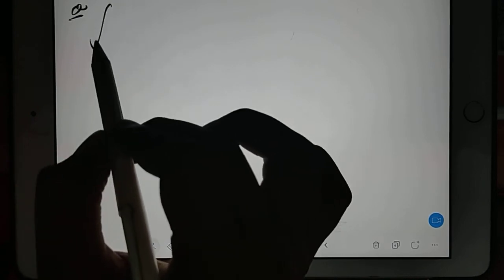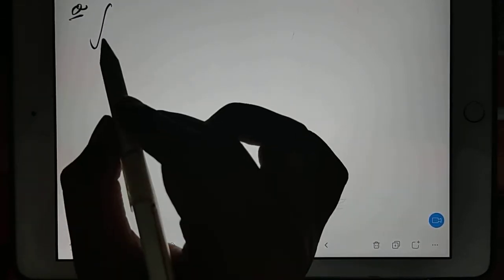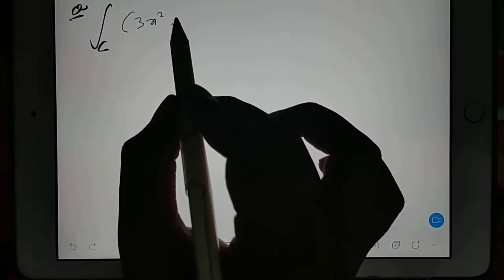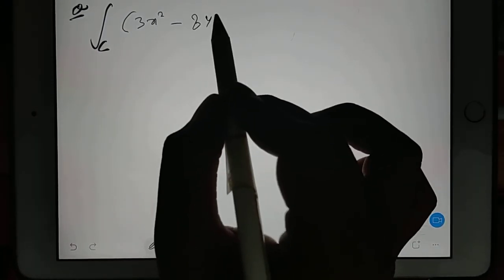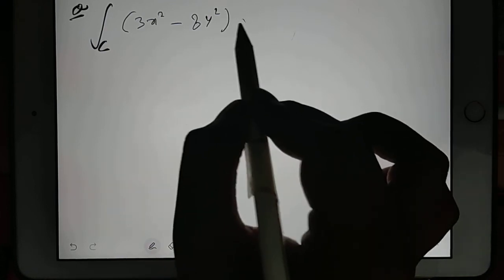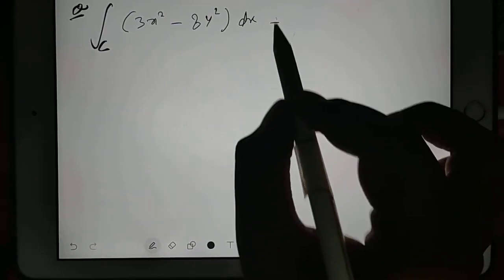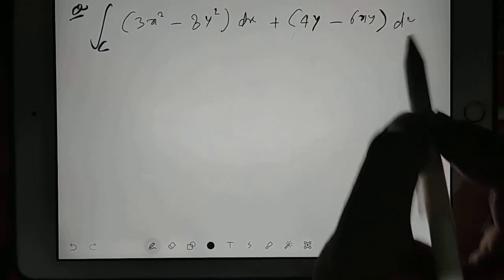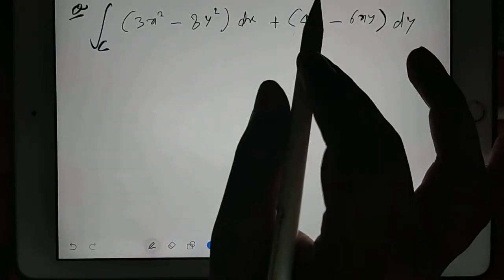Now I will change the page and let's have one small question. In this question you will understand what area I'm talking about. Suppose we have to integrate a function on a closed curve, and that is given as (3x² − 8y²) dx plus (4y − 6xy) dy.